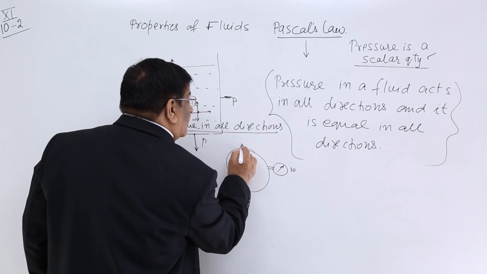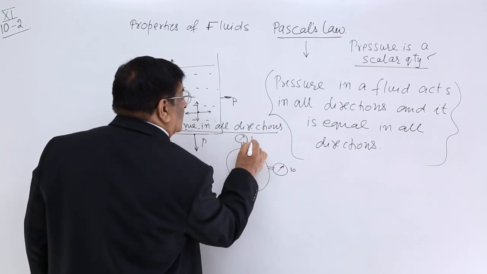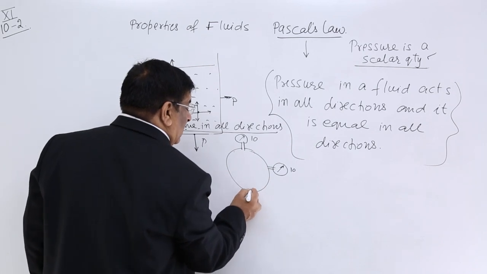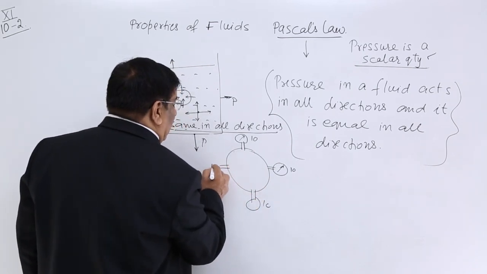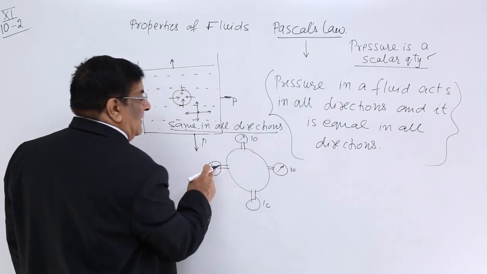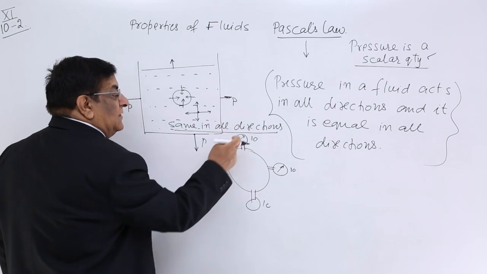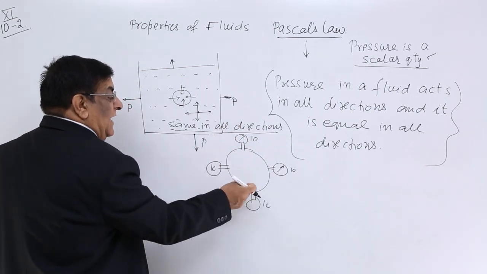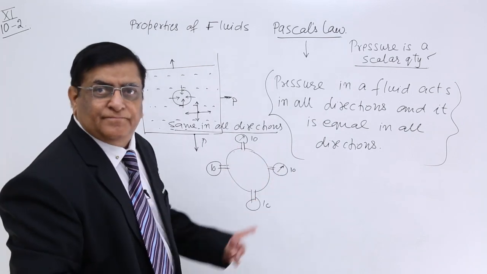If I puncture it here and put a gauge here, this will also show me 10. This will also show me 10, and this will also show me 10. It is a very simple example that every direction has the same amount of pressure. At every point the amount of pressure is the same.